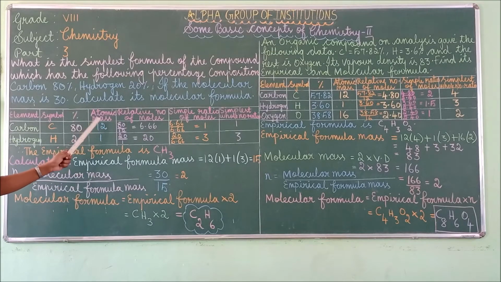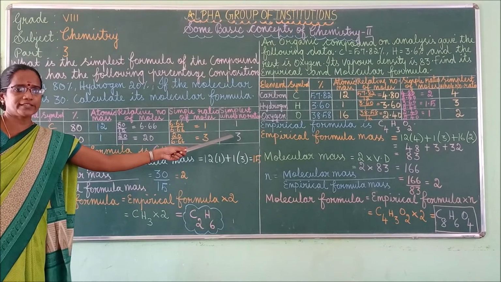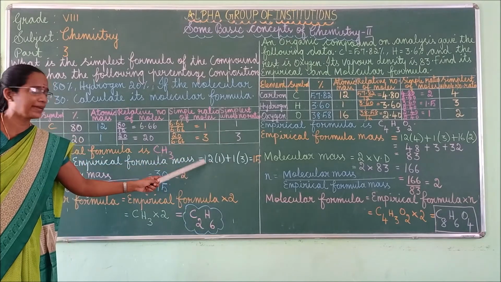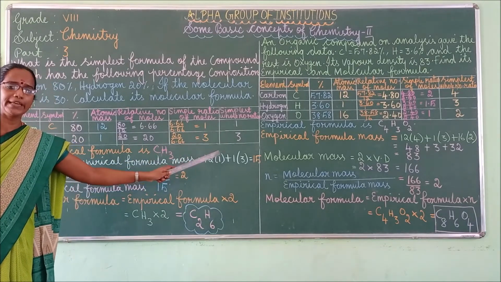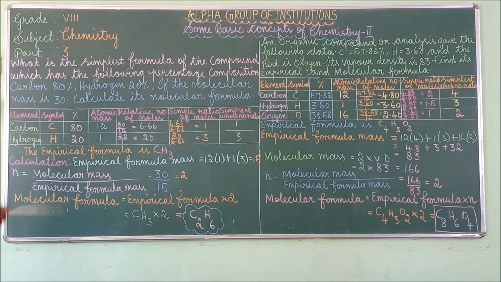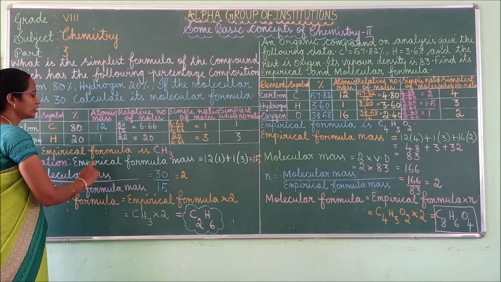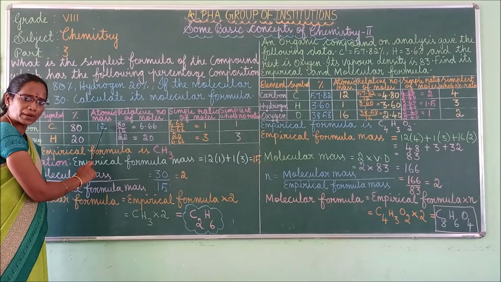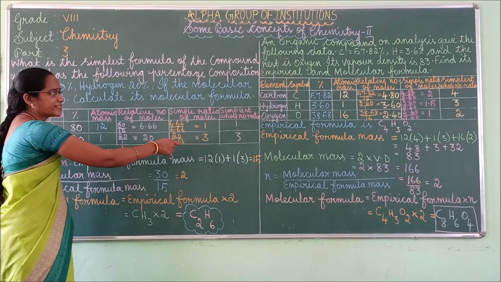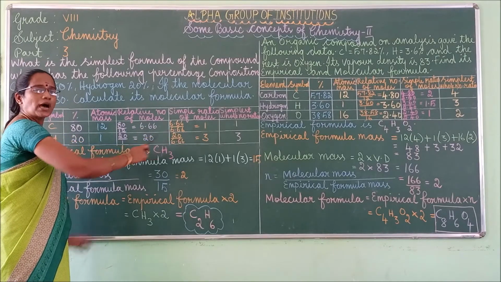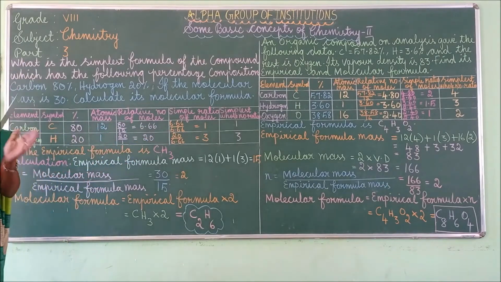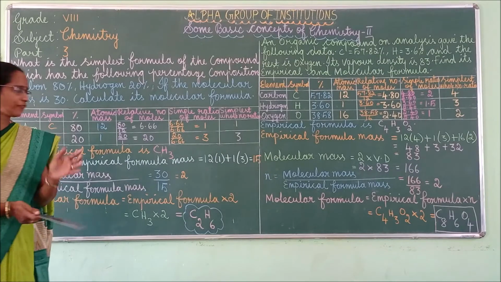If you multiply the atomic mass with its simplest whole number ratio and add them, you will be getting the empirical formula mass. Once again, I will tell you, for the empirical formula mass, you have to take the atomic mass, multiply it by its simplest ratio, and add them, then you will be getting the empirical formula mass.